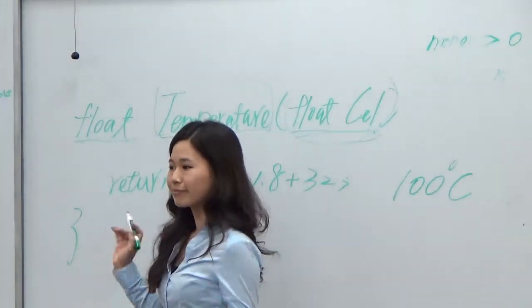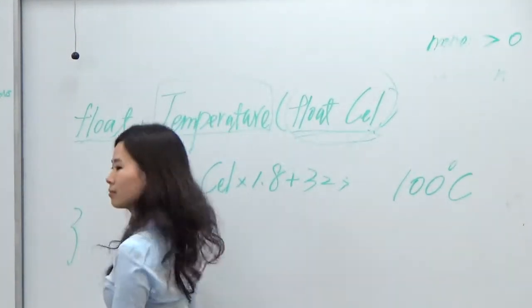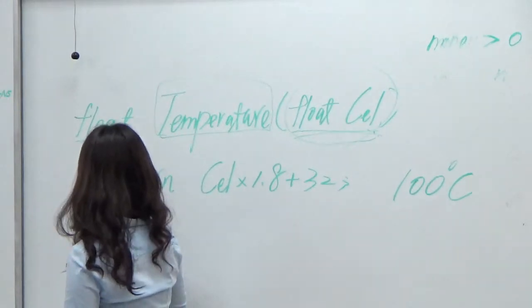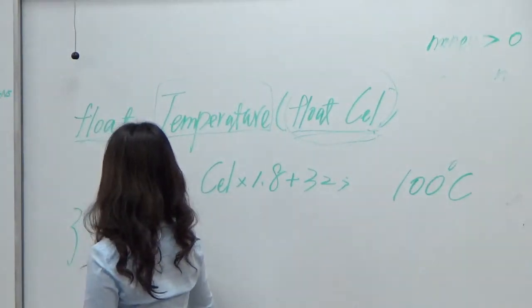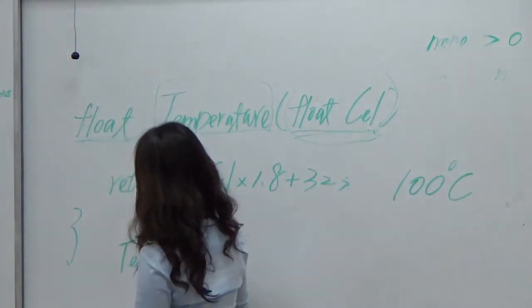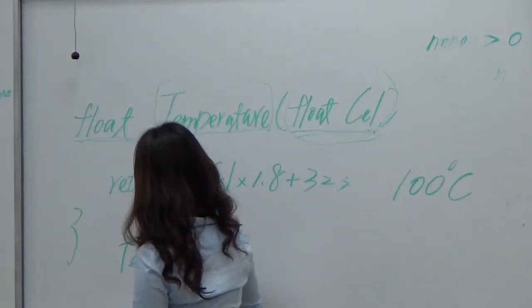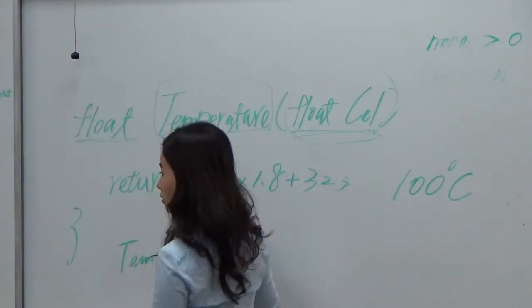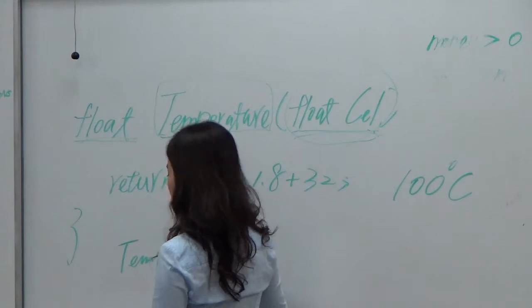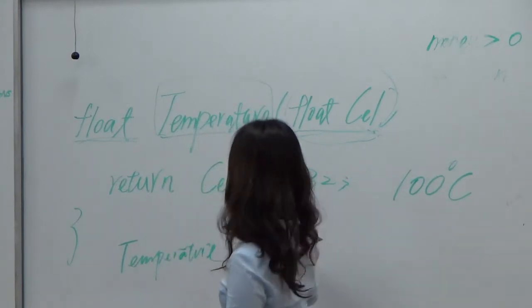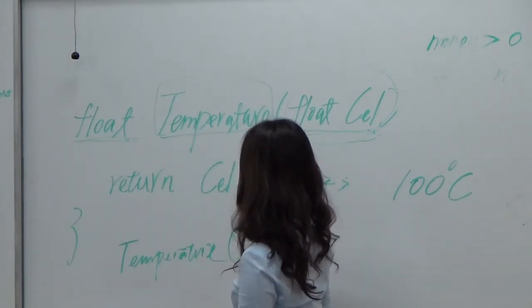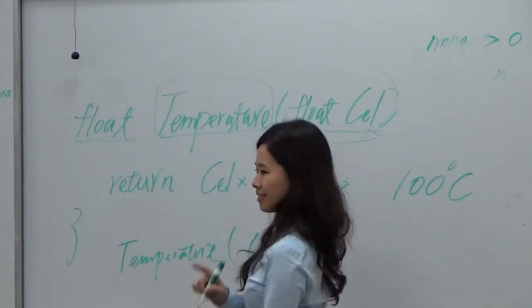Anyone? Call the function, and then pass in the temperature, with parentheses and 100.0. Yes, that's correct.